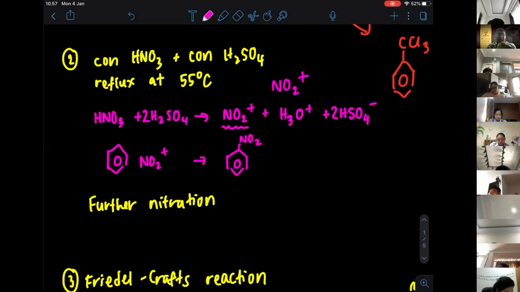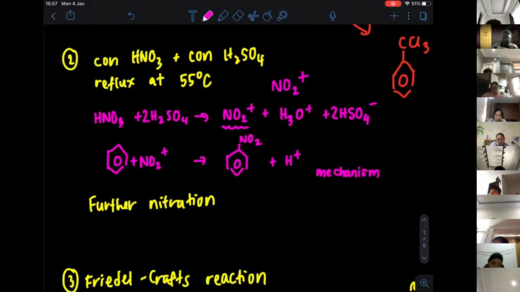Please remember it's a substitution reaction, so if you just put it like this, H+ is given off. But if you want to write the mechanism of the reaction, then it's different. The mechanism and the diagrams are in my previous video, and also in your textbook. You can check on that.